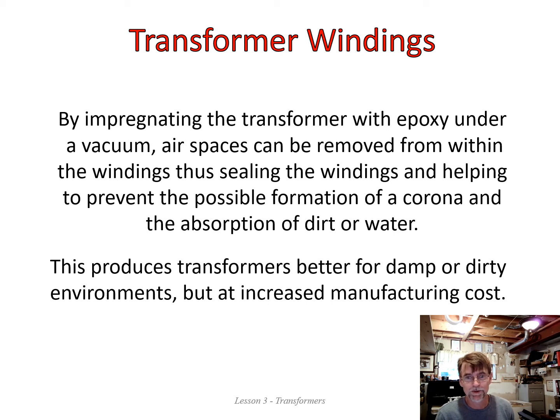So this produces transformers that are better for specific locations, damp or dirty environments. We can protect the windings inside this epoxy and put this in all kinds of unsavory environments. But obviously it's going to increase the manufacturing cost. So once again, we're weighing the cost with the needs of the transformer.